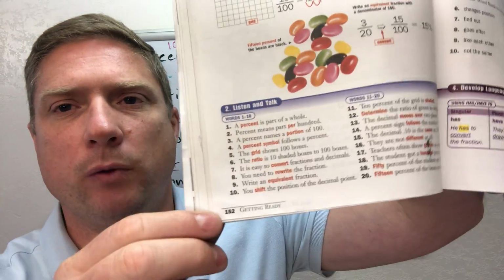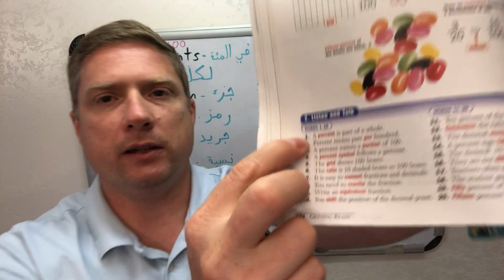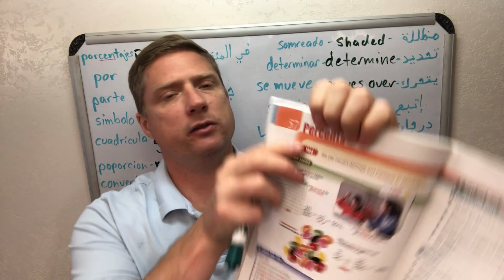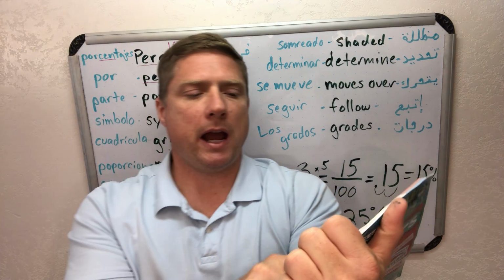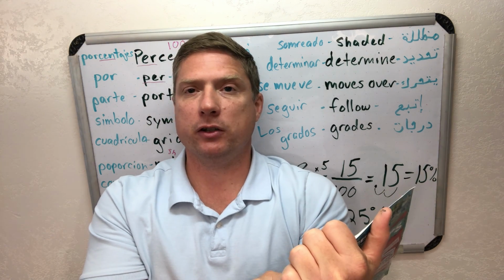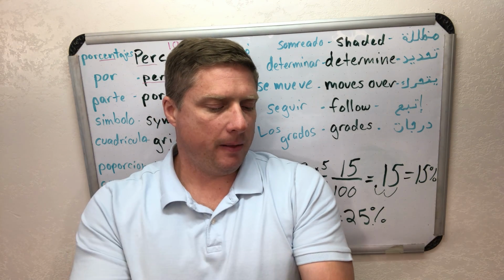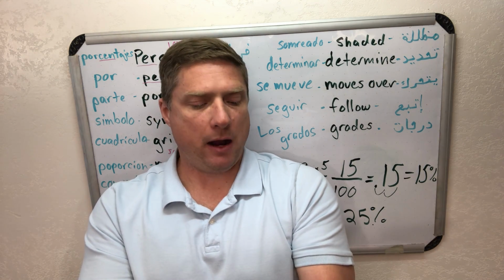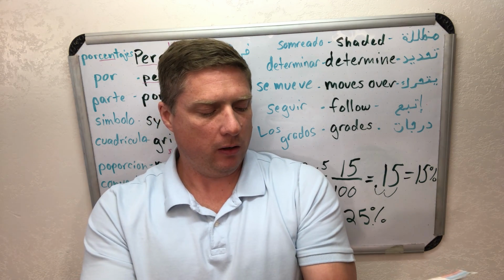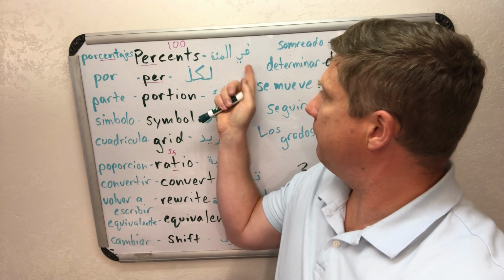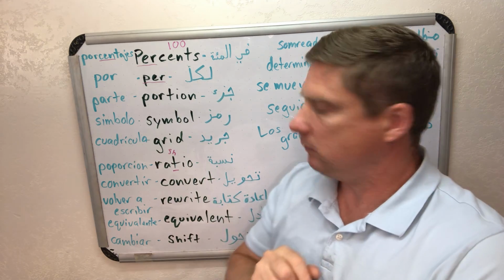Let's read these together. This is page 152, number 1. First, let's look. So here our title is percents. The big idea is you can convert decimals and fractions to percents. Number 1, a percent is part of a whole. A percent is part of a whole. الرقم في المية هو الجزء من الكل.